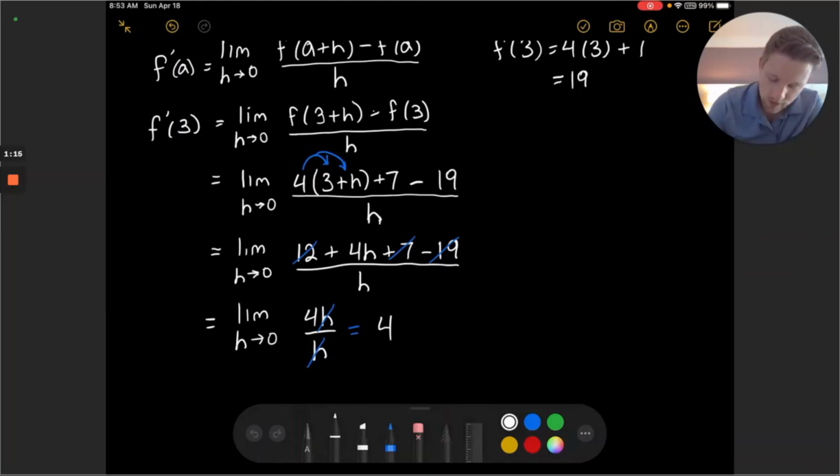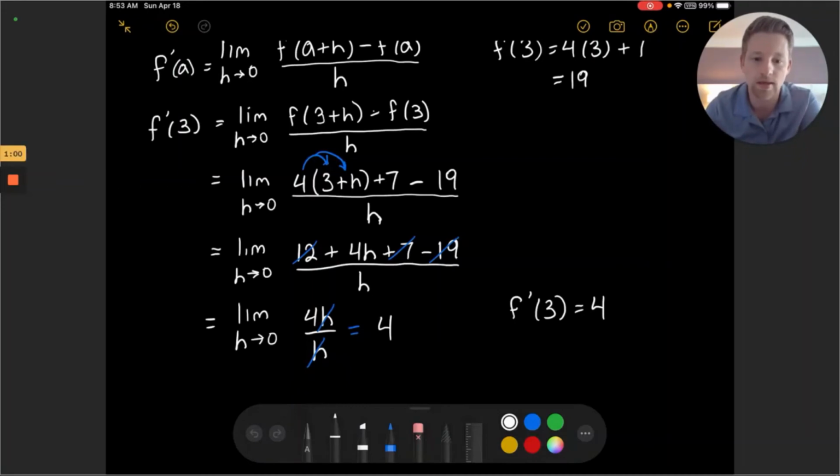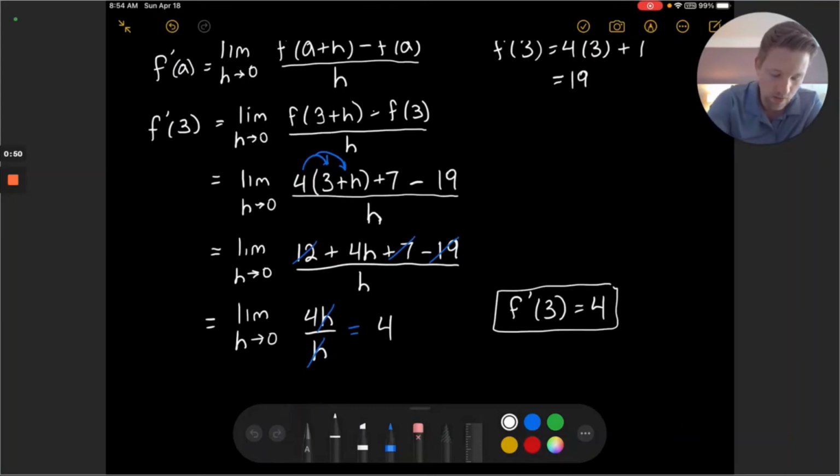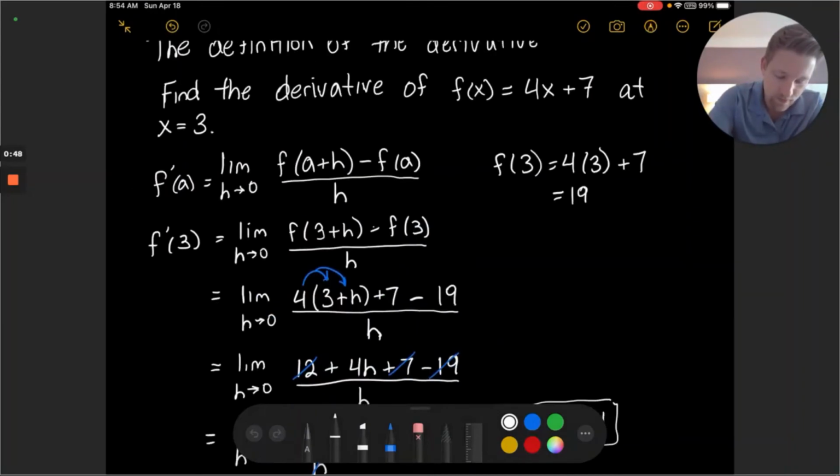Now, what did we just say by this result? This says that the derivative f prime of 3 is equal to 4, which means the slope, or the instantaneous rate of change at the point x equals 3 is equal to 4. Well, this should not be surprising to us because what did we start with? We started with a linear function, 4x plus 7.